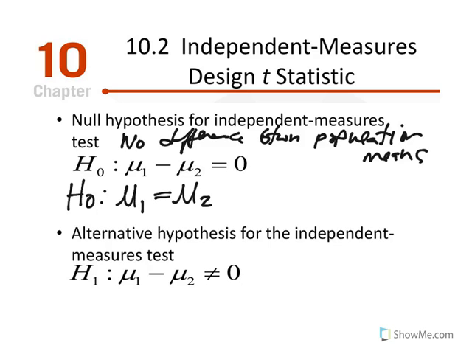The alternative hypothesis for the independent measures t-test, and again, this is for non-directional. This is not specifying a direction in which we expect that mean difference to be. We're just saying that it will be different or will not be different. Here, we are indicating that there is a mean difference.